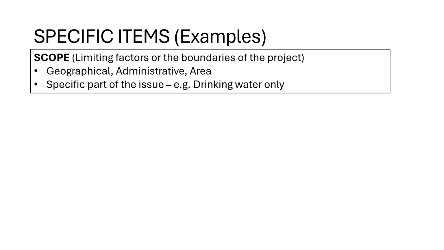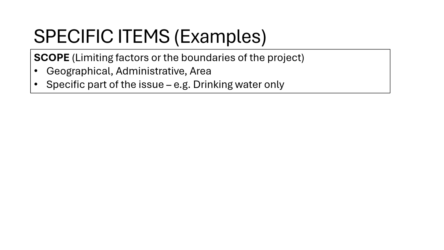For example, a long time back, there was a project where the students wanted to study the waste generated in railways. That is only within the railway department, right? So that's an administrative boundary or an area.